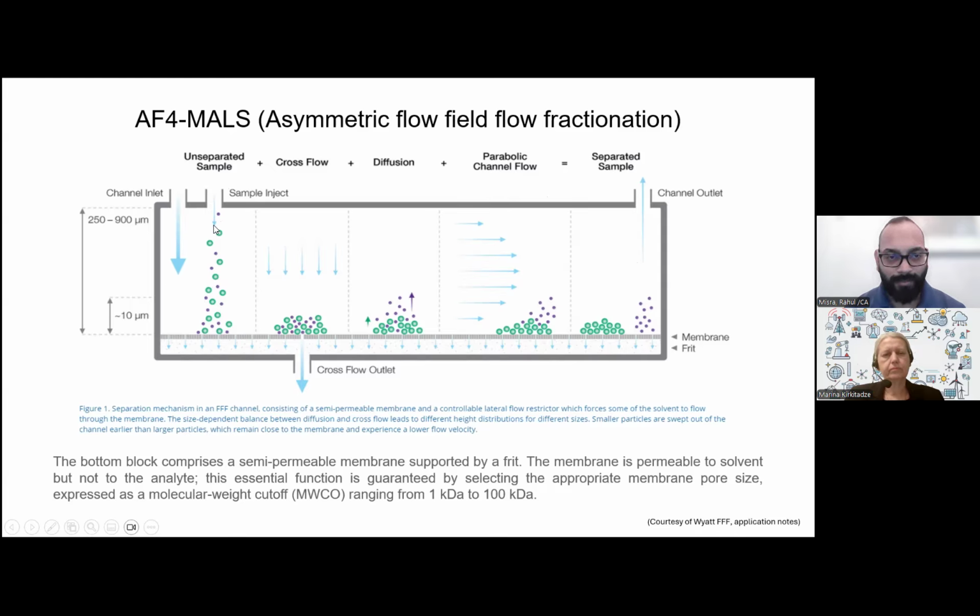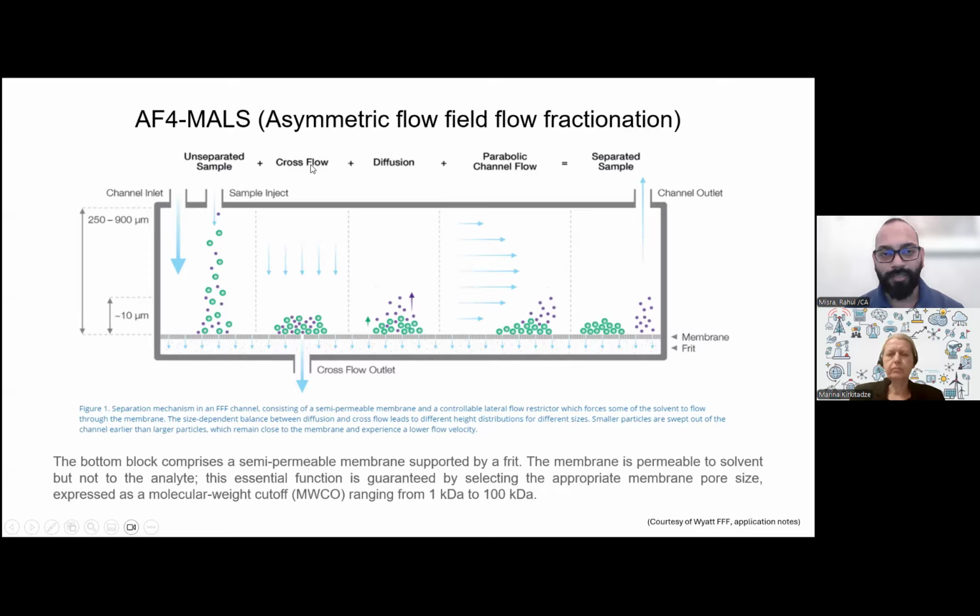As the particles come down through injection and with the flow in this direction, there's a cross flow happening, and there's also diffusion of particles happening. Smaller particles will diffuse up and the larger particles will go down. And because of this cross flow, they will try to separate themselves in terms of size.